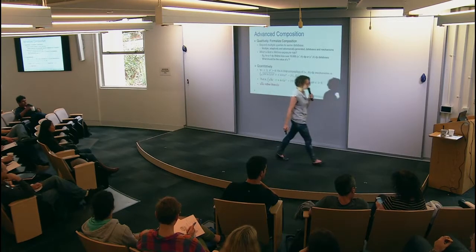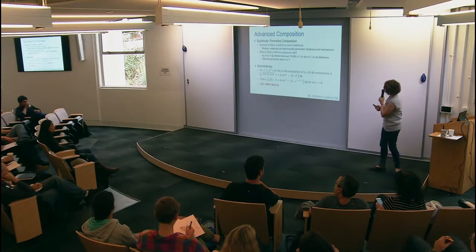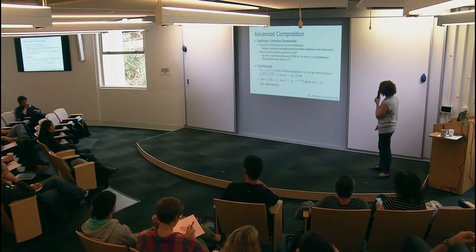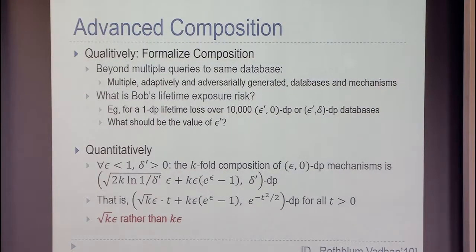Okay. So we need to say really, how are we formalizing composition? I've been kind of hand-wavy about it. Beyond multiple queries to the same database, I'd like to be able to handle multiple adaptively and adversarially generated databases and mechanisms. Let the adversary generate the pairs of adjacent data sets, for example.